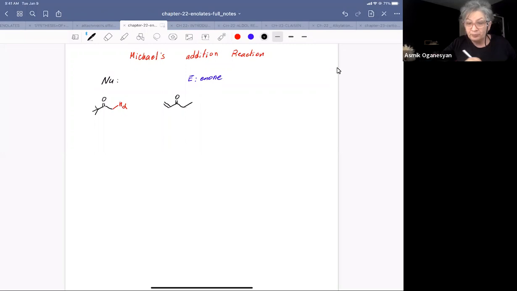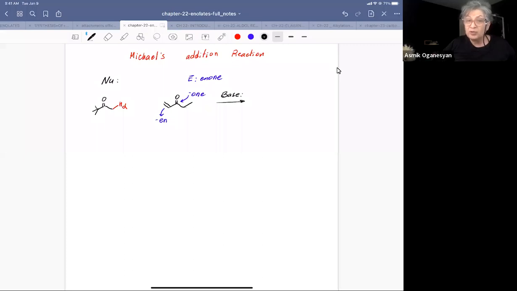So "ene" stands for the double bond, and "one" stands for the ketone. The reaction is done under basic conditions. And let's see what will be the outcome of this reaction.